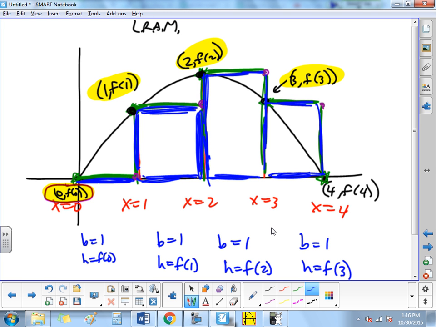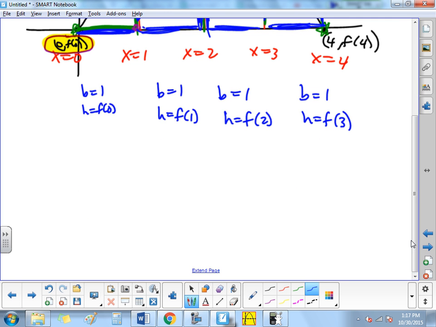So suddenly the function becomes very important, because the function 4x minus x squared is how we're going to find f of 0, f of 1, f of 2, and f of 3. So we'll use the function to find the heights of the rectangles. And the total area is going to be like this.